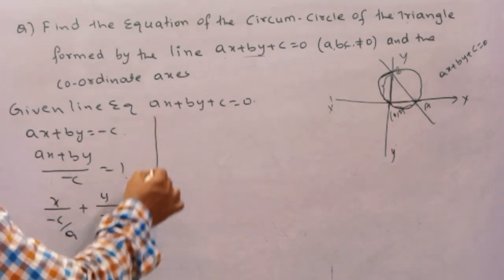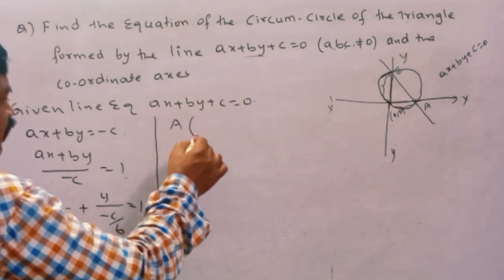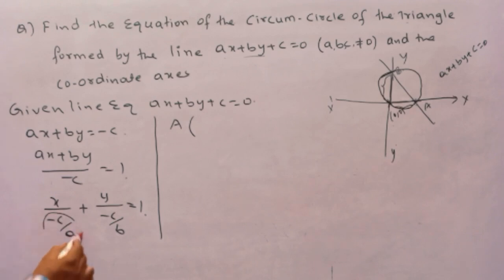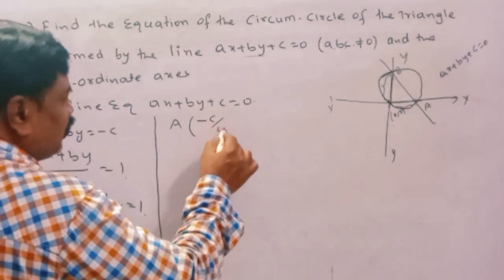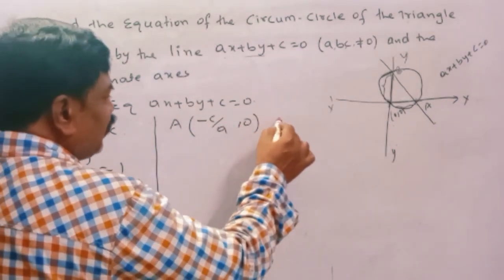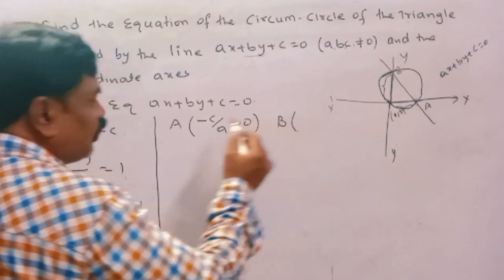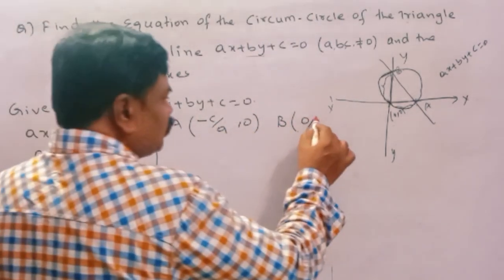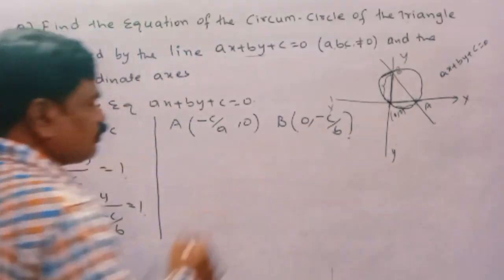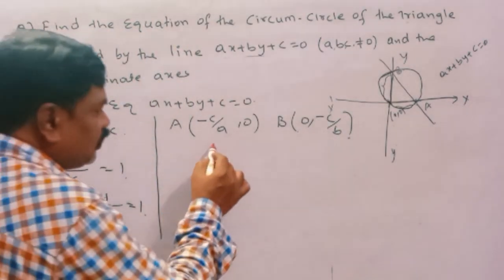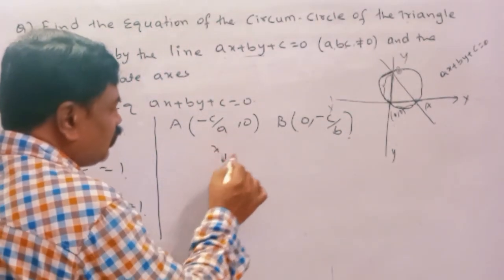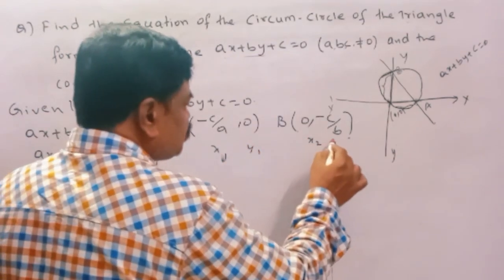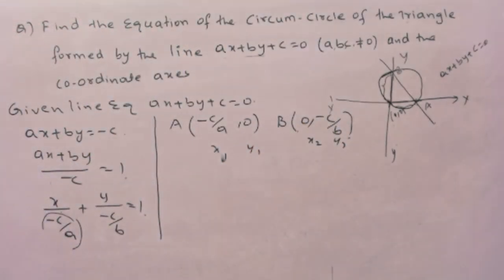Then what is the point A? The x-intercept is (minus c by a, 0). And the y-intercept, the point B, is what? (0, minus c by b). Okay, these two are extremities of the diameter.